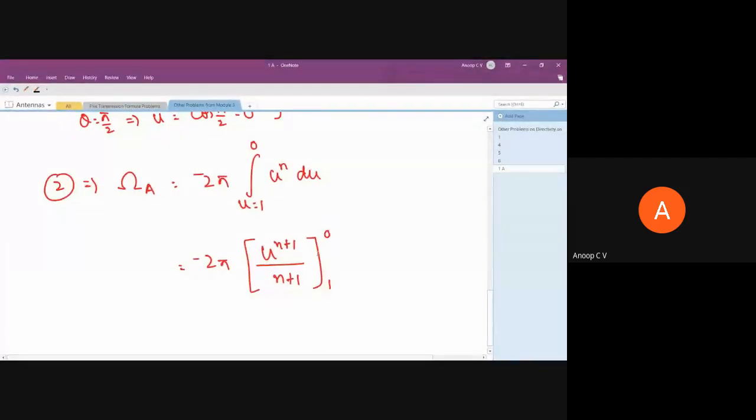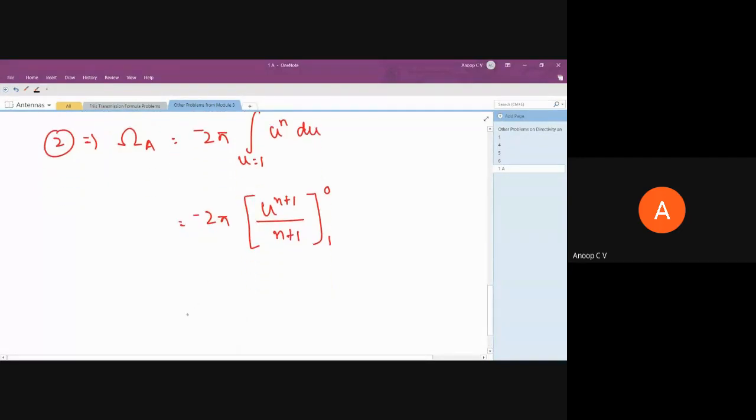Now if you apply the limit, you will get minus 2 pi by n plus 1 into u power n plus 1. So you substitute u is equal to 1. 1 power anything is 1.